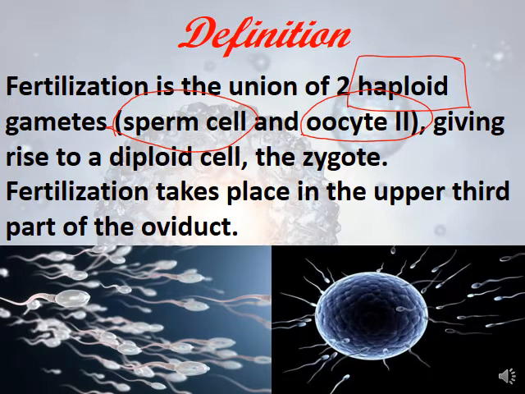This process takes place in the upper third part of the oviduct, meaning that it takes place in the female's body, where the sperm cell will travel toward the oocyte to fertilize it. And here we can watch a video talking about fertilization.